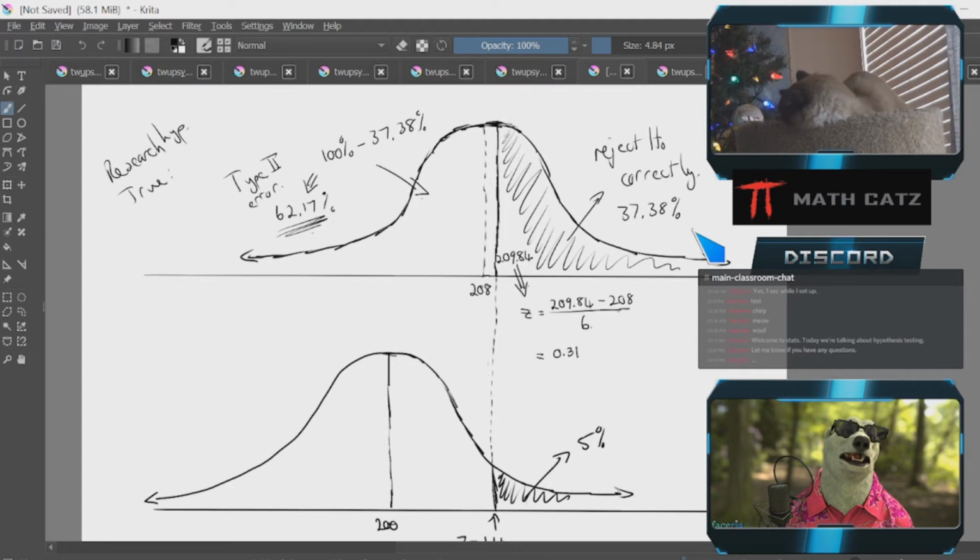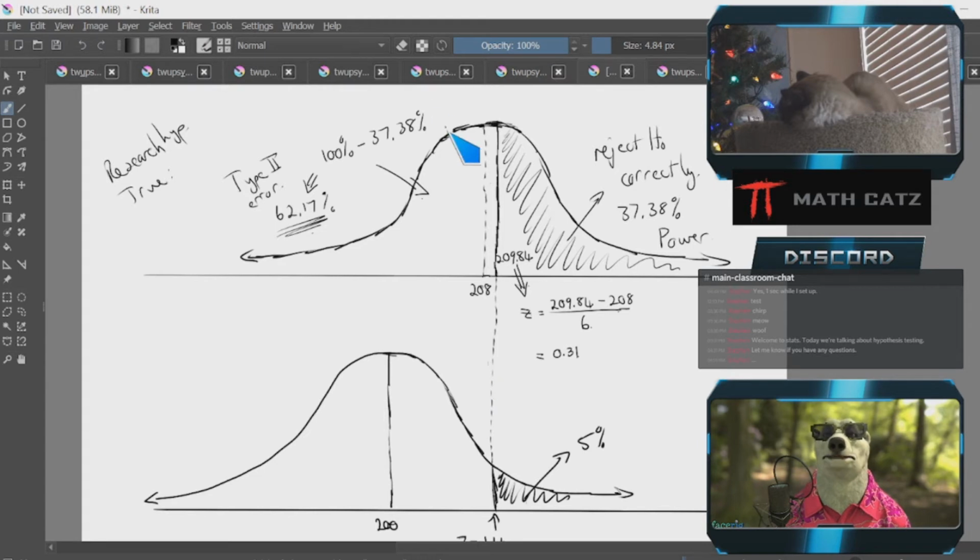One is 100% minus the other. So this is, in this basic distribution, a way to find the power and therefore also the type 2 error. When things get fancier as we progress, this isn't something we can do by hand, but for this simple normal distribution and simple situation, we can still manage to do that.